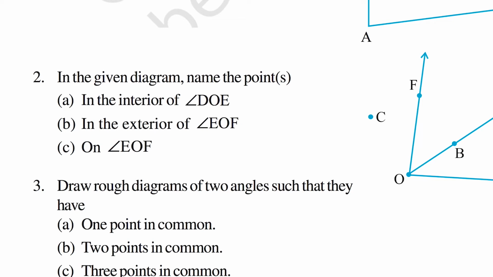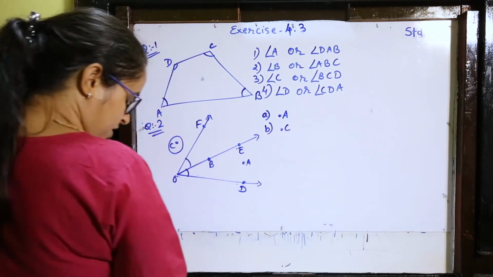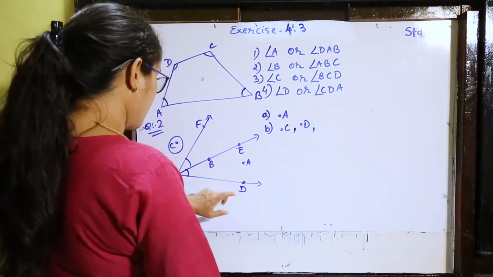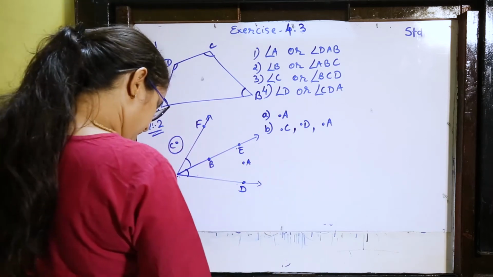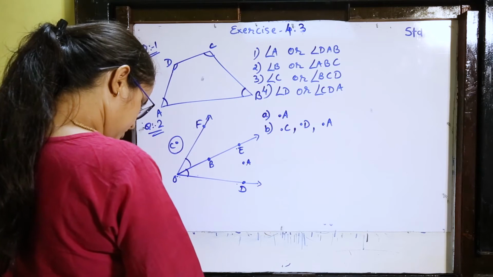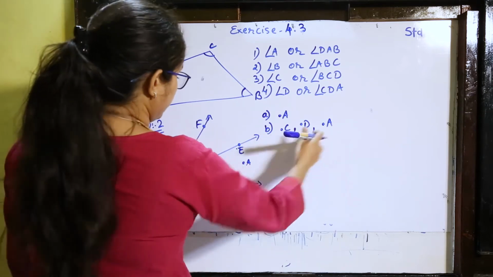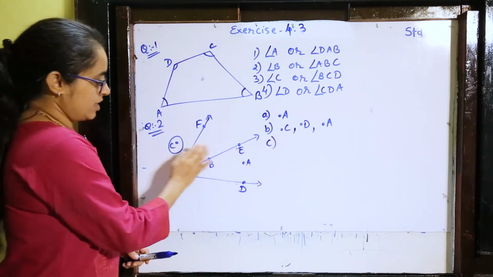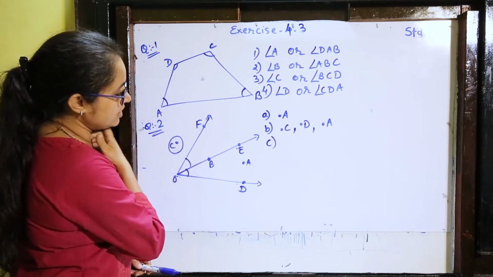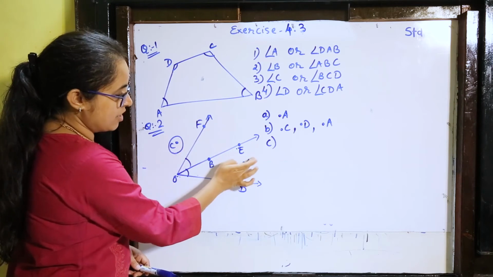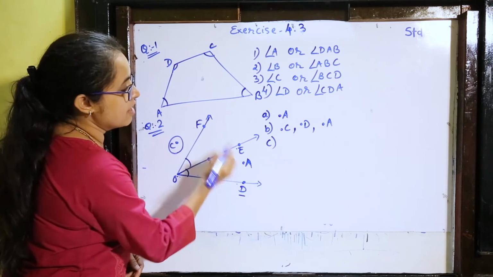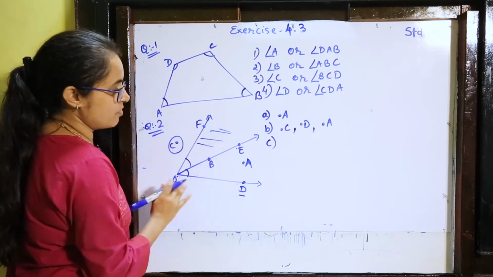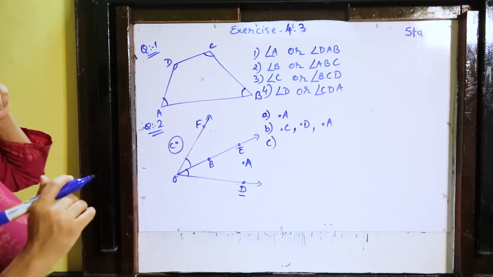Which points are in the exterior? One is this point, that is point C. Then we have another point, which is point D. And then we have another point, which is point A. So that is point C, point D and point A. These are the points outside the angle. There are no points inside EOF. This point is outside, point A is also outside it, and point D is also outside it. A point inside this area is called an interior point, and a point outside this area is called an exterior point. So that is the answer of B.